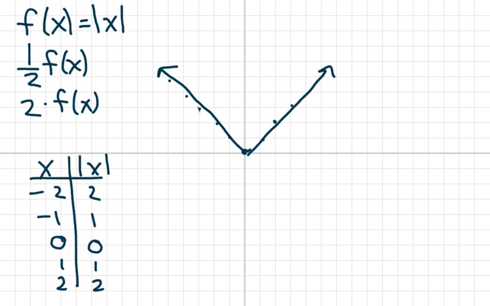The next one we have is the absolute value function, and we are going to use the terminology stretch and shrink. It's called vertical stretching and shrinking.